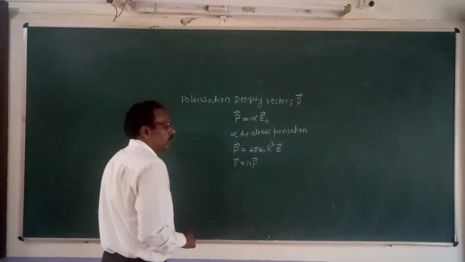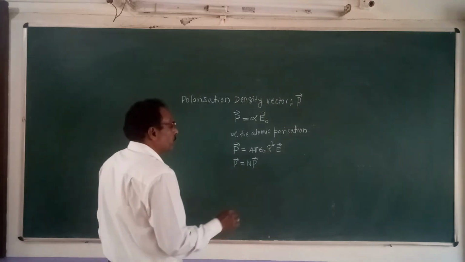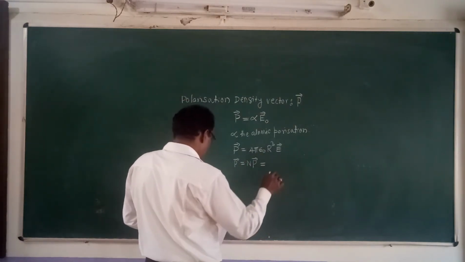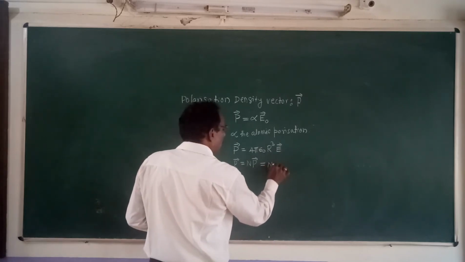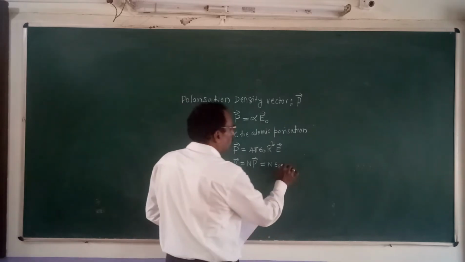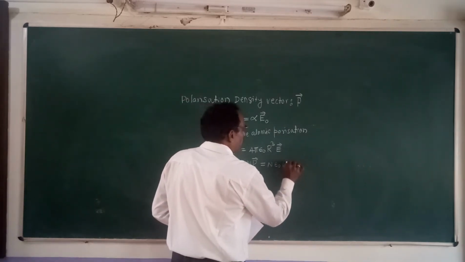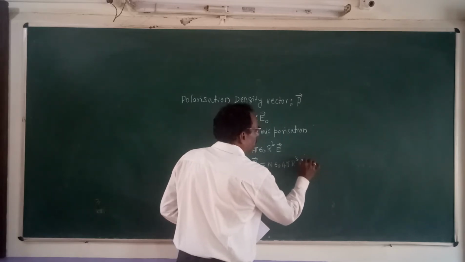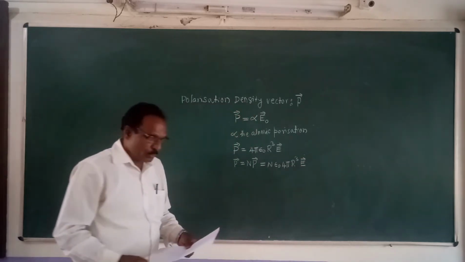Now this is a density vector. We can write this using n, epsilon naught, the permittivity of free space, 4 pi R cube into E, the electric field.